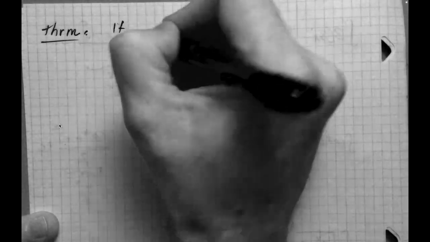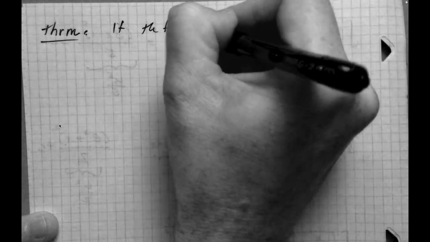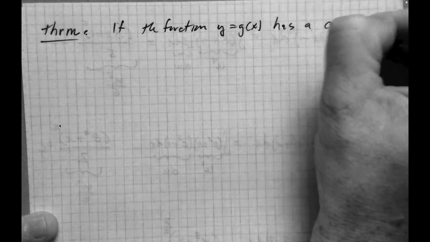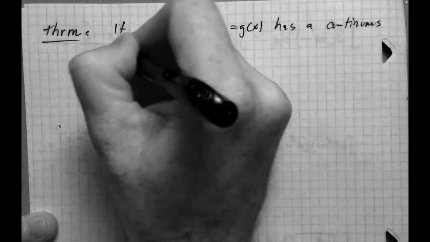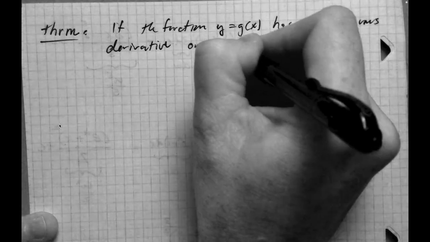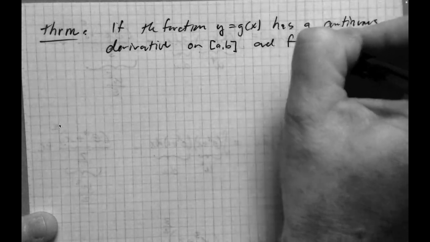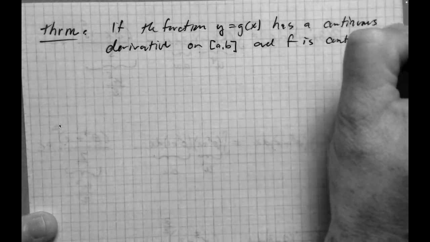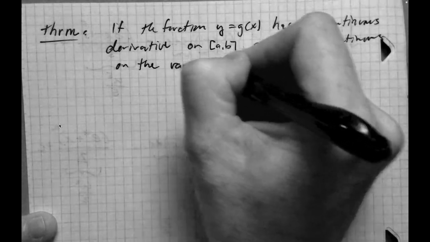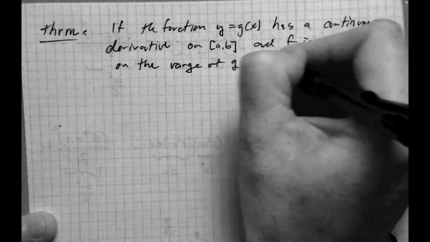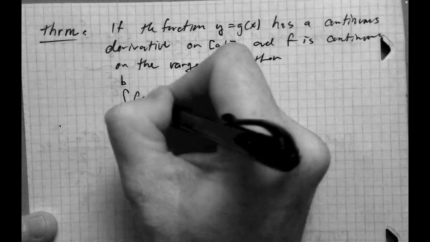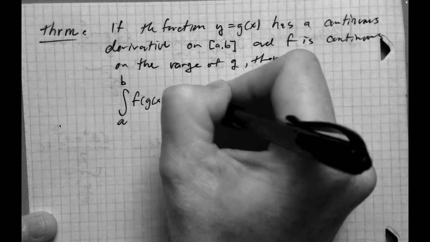So if the function u equals g of x has a continuous derivative on the interval a to b, and f is continuous on the range of g, then, so now we're talking about a definite integral from a to b of f of g of x, g prime of x dx, right?